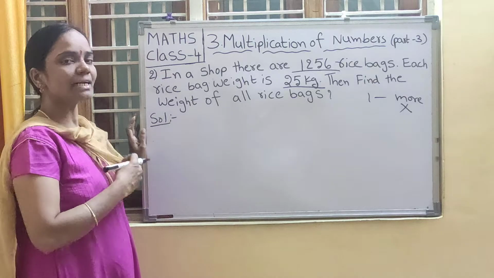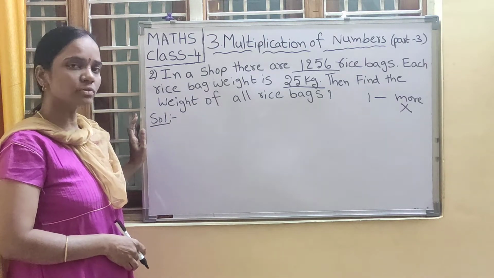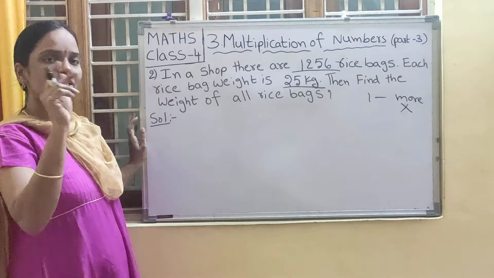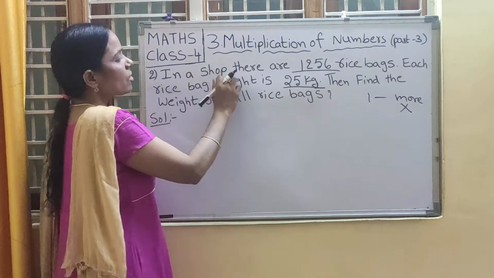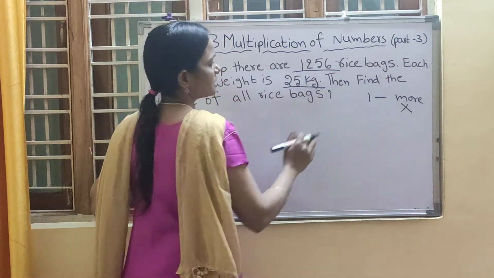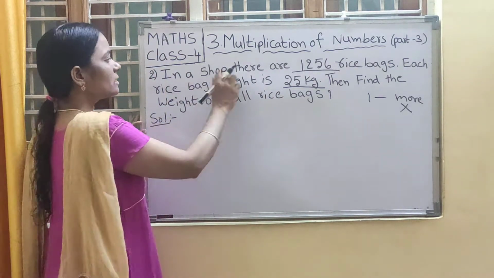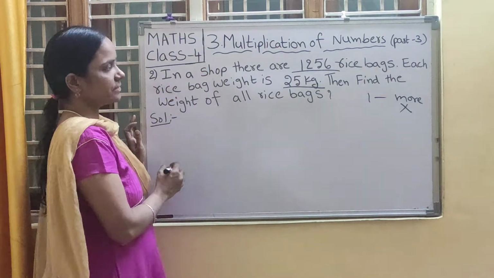So first statement, write down, children. You have to write your own statements. Read the first sentence. The statement 1 will come from the first sentence only. So what is the first statement? In a shop there are 1256 rice bags. So frame your own statement, children. How many rice bags are there in a shop? 1256.